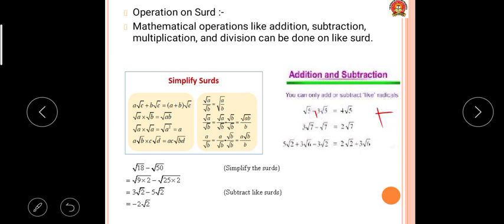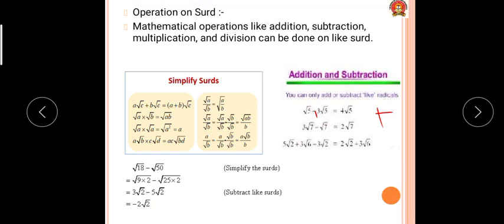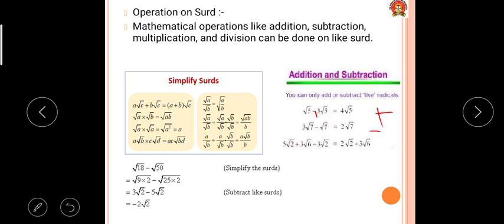So root 5 plus 3 root 5, that is 4 root 5, and 3 root 7 minus, here it is a subtraction. Okay, second example, this is a subtraction. Minus root 7, it is 3 minus 1, that is 2, and root 7 is common. Okay, here see, root 5 plus 3 root 6 minus 3 root 2, it will look like this.